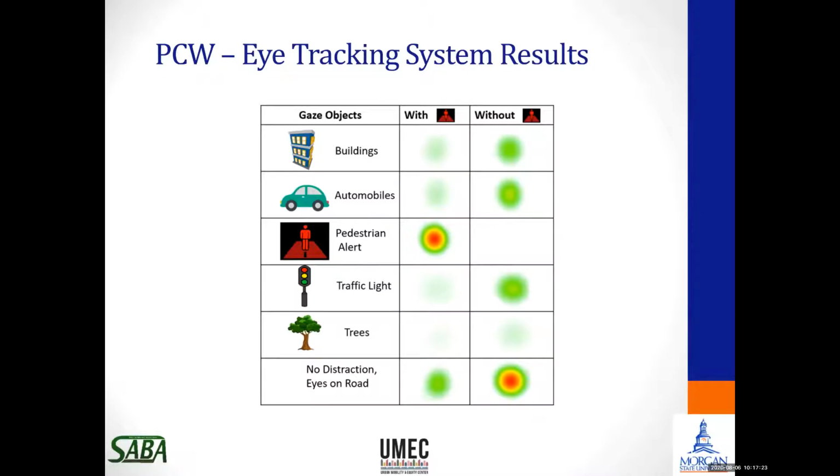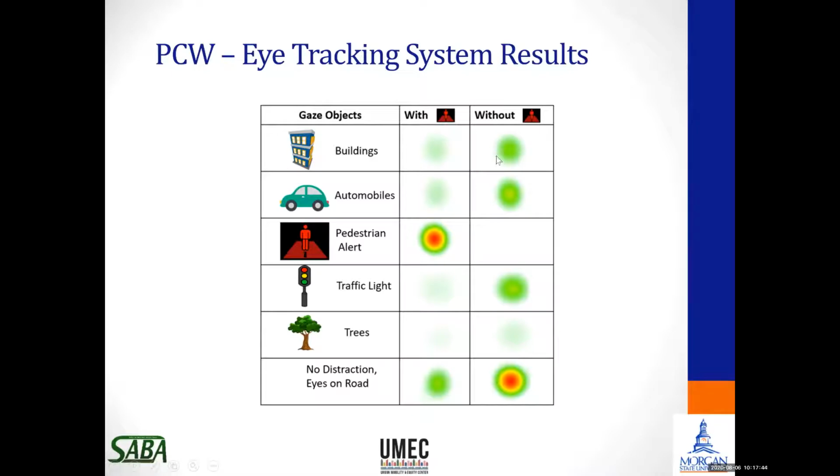These are the eye tracking system results. It is a gaze analysis. It shows what percent of the time they were looking at what object. We looked at the cases with PCW and without PCW.